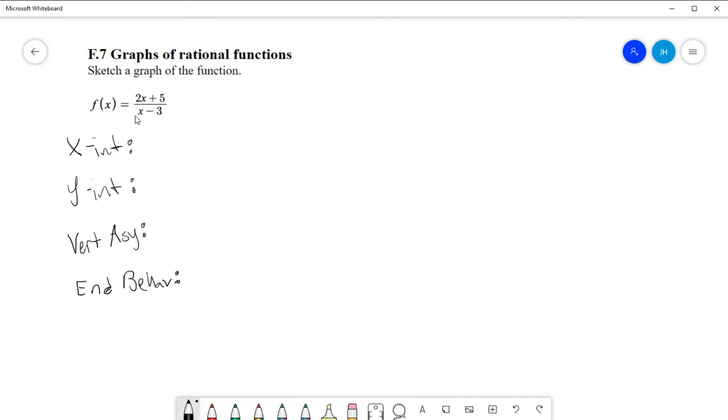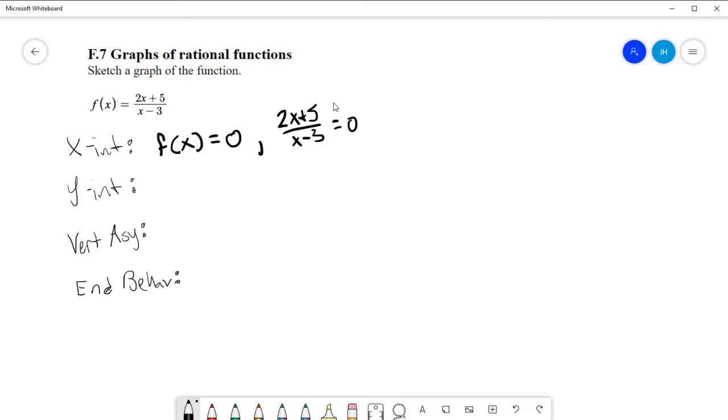So to find the x-intercept of any function, really, what you're doing is you're trying to solve for the x values, which go into f, right? You're trying to solve for any x values where the function is equal to 0. So to find the x-intercepts of this function, we are going to set it equal to 0. So we have 2x plus 5 over x minus 3 equals 0.